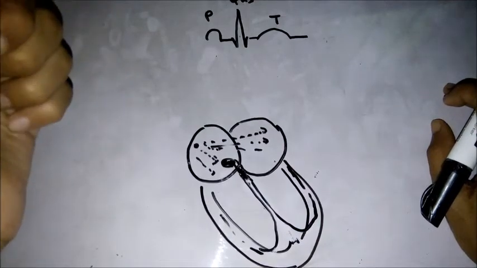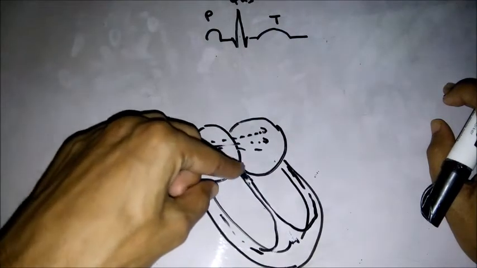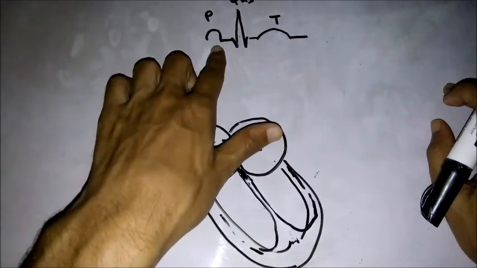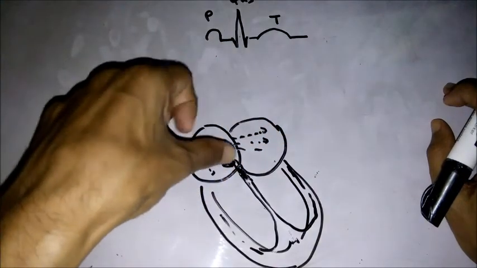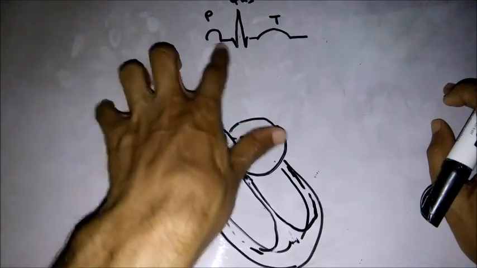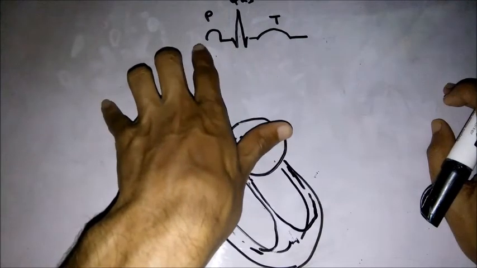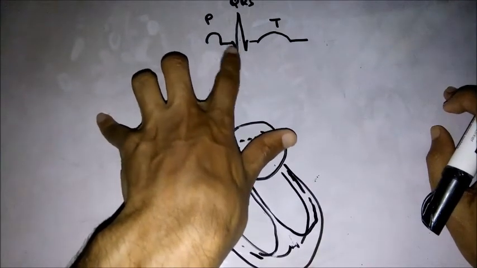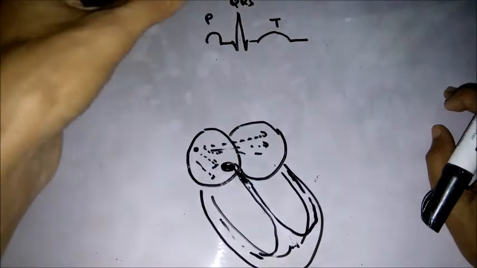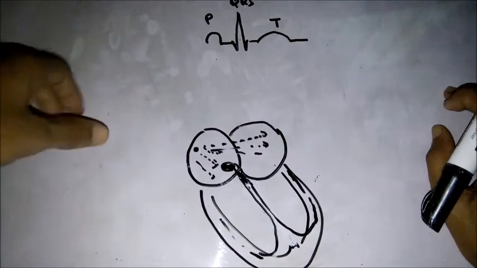It takes some time, and after a while it conducts the impulse down into the ventricles. And this time that the AV node takes is represented by the PR interval, from the start of the P to the R of the QRS. This is known as the PR interval. So this corresponds to the AV node taking its time to release the impulse downwards.